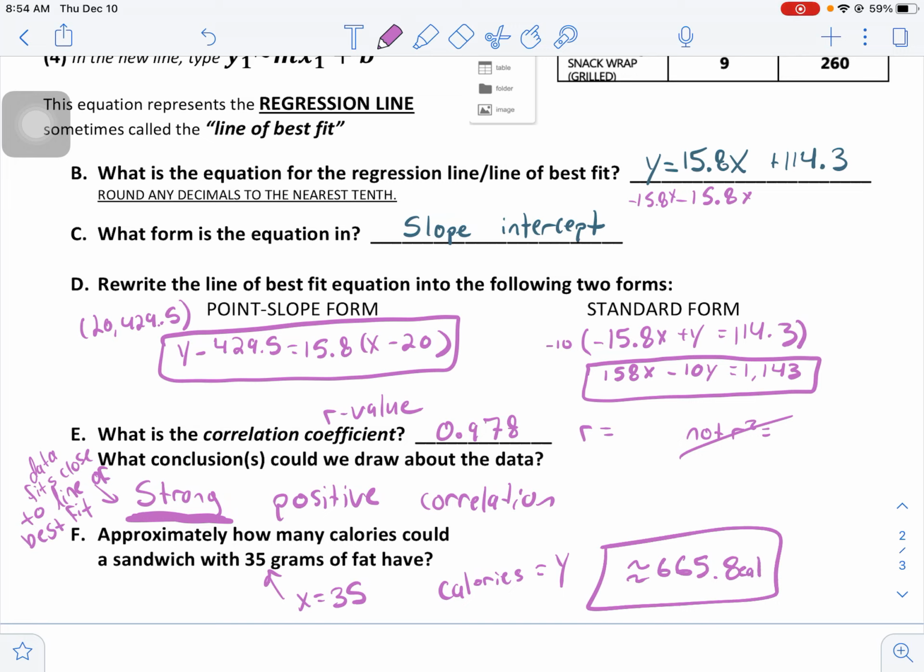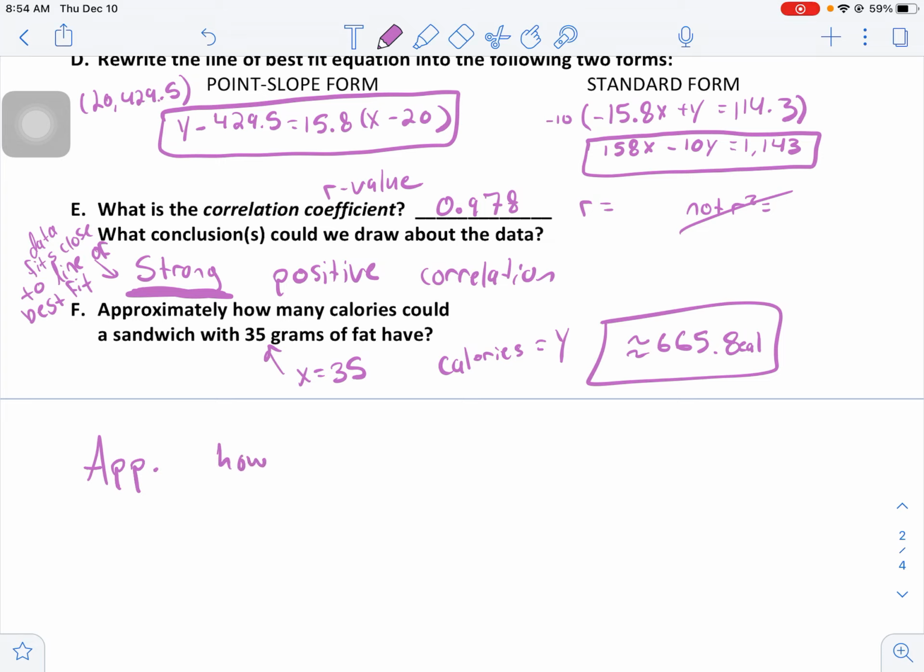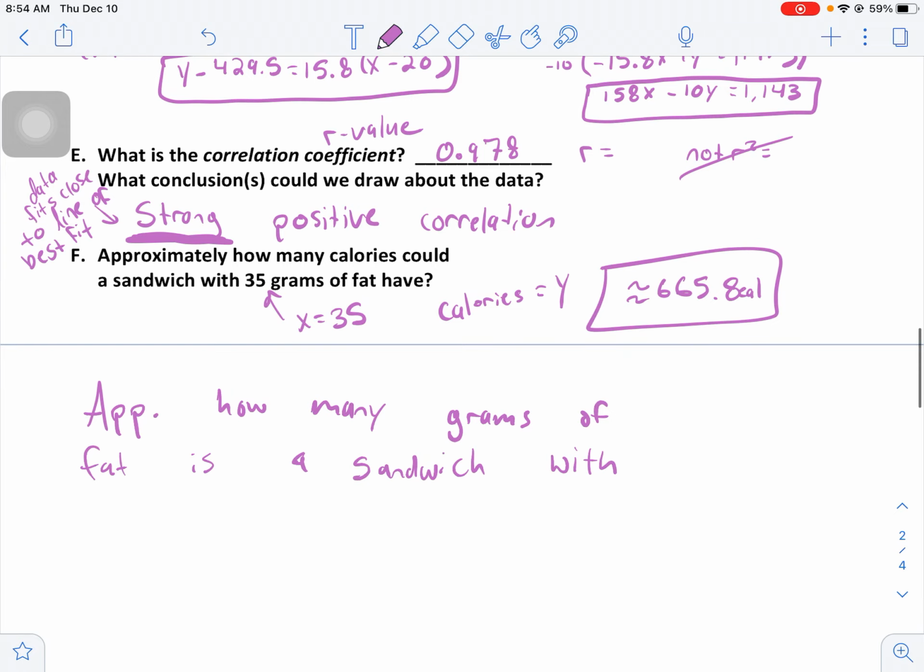All right, if it asked us a question like this, approximately how many grams of fat is a sandwich? Let's actually do this question. Is a sandwich with, I don't know, 272 calories?